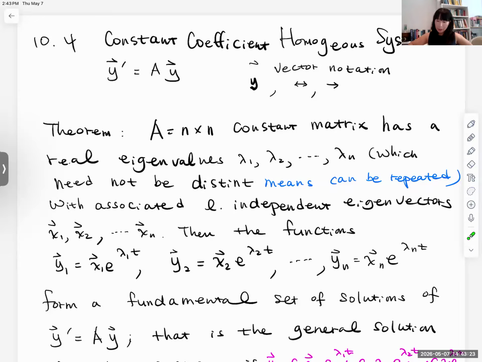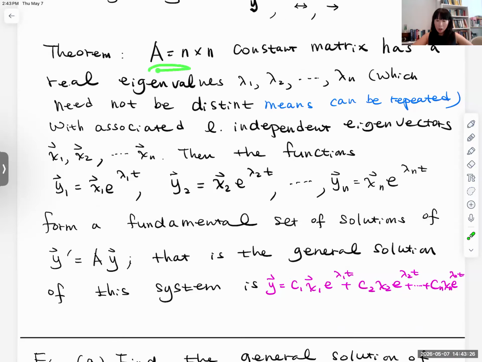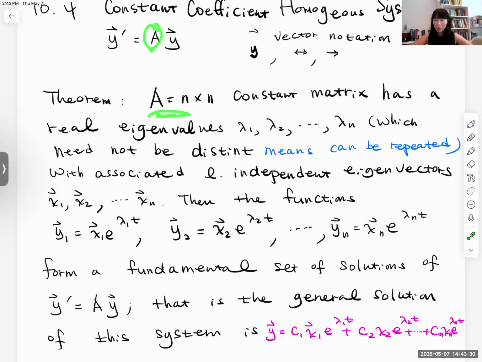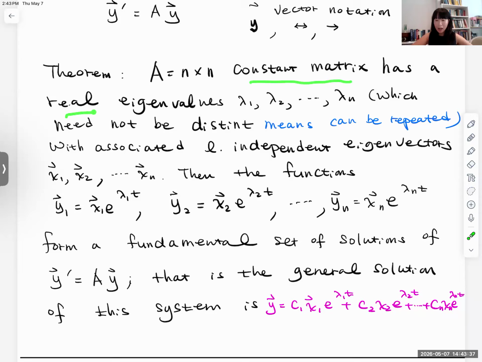Okay, so we have the A, what we had earlier, that is a matrix. So we have a constant matrix that has real eigenvalues. We talked about eigenvalues and eigenvectors in the linear algebra course, so we are using them here.